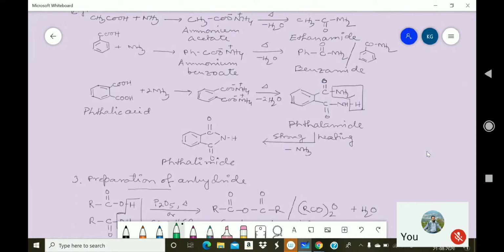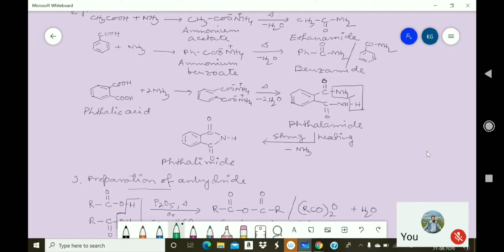Now when it is heated then two molecules of water are removed from this ammonium salt giving rise to phthalamide. It is CONH2 and CONH2. It is called phthalamide. And on strong heating from this phthalamide, another molecule of ammonia, you follow that, is being removed.